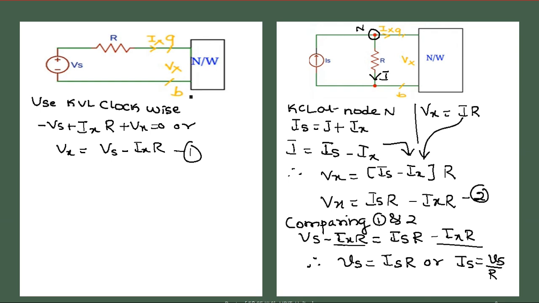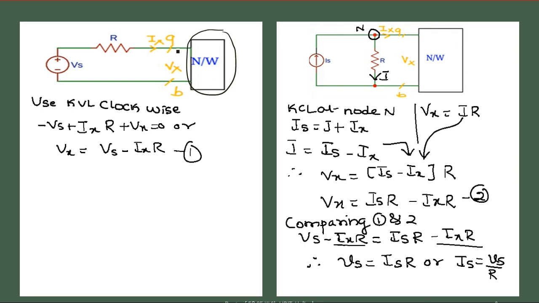So if you consider some network here which is having a voltage source in series with its internal resistance or some external resistance. So this is some kind of network. This part here is the other part of the network where the things are connected.